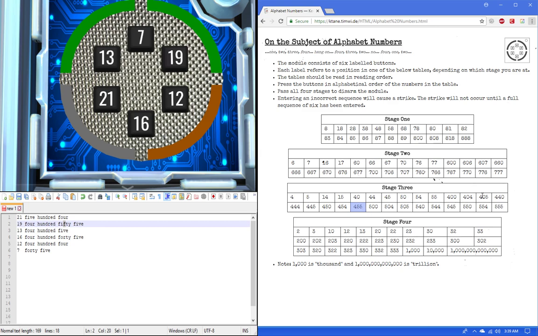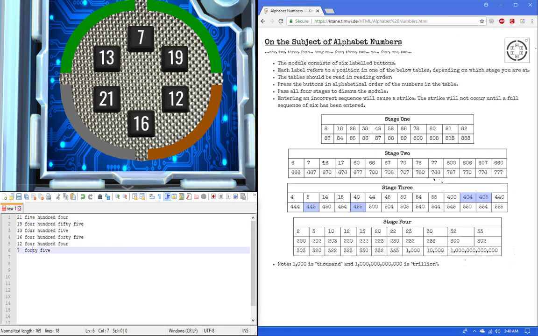And 13's right there, which is 405. And 16, 15, 16 is 445. 12, 14, 13, 12 is 404. And 7 is 1, 2, 3, 4, 5, 6, 7 is 45.